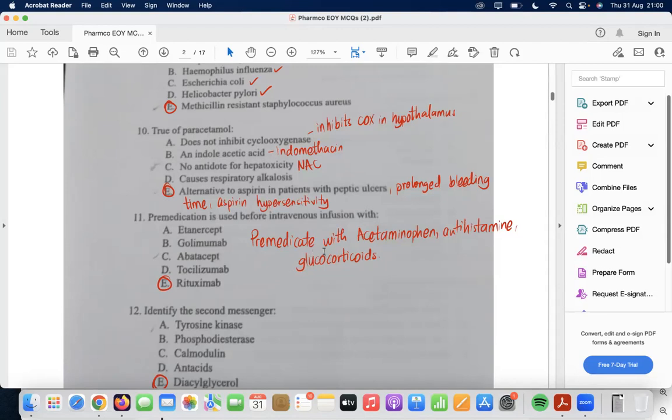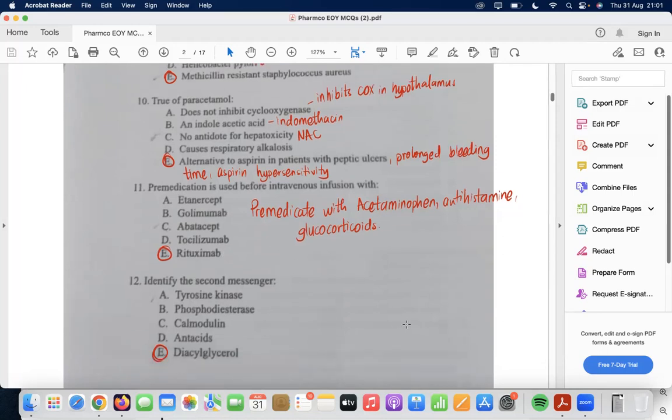You can use antihistamines, antipyretics or NSAIDs such as acetaminophen, or glucocorticoids to counteract the effects of rituximab. We use these premedications in preparation for the rituximab, so that when it has side effects, these drugs counteract them.